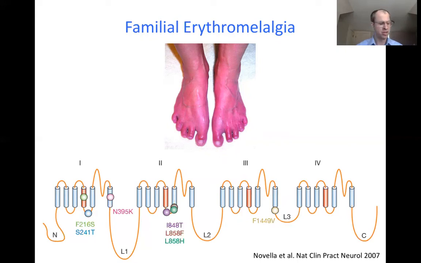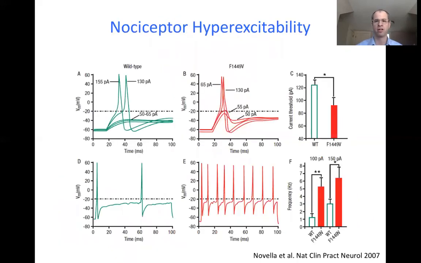And so this sodium channel was then looked at in the laboratory as well. And this is really exciting work from Steve Waxman's group. At baseline, one can look at the threshold for action potential generation in nociceptors. And what one finds here, this is called the rheobase, is that you need about 130 picoamps to make these neurons fire.